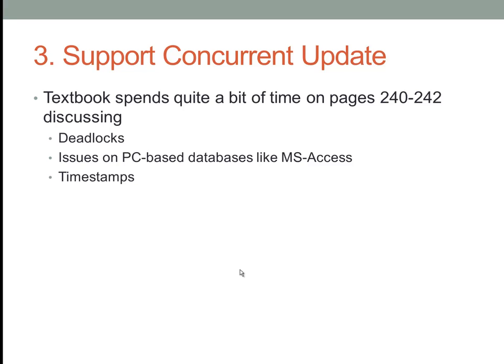The book talks on page 241 about a lot of various issues that could come up with locking on PC-based databases. And I think one of the big differences, at least in my experience, is that with a PC-based database, I'm going to use record locking, but it can be more complex if I have, say, a form with a subform, thus accessing multiple tables, or a user interface that's based off of views rather than tables.